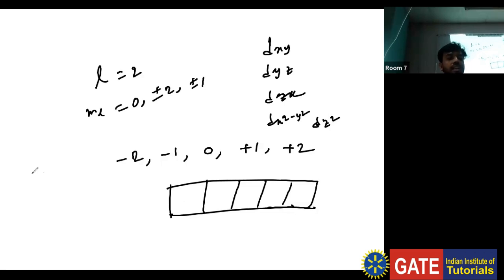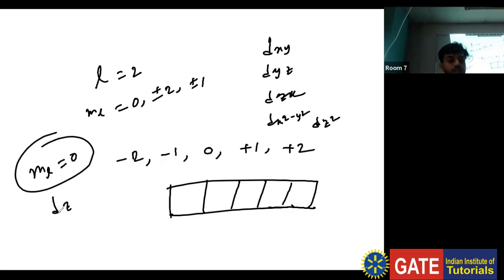Always remember, if ml is equal to 0, that denotes dz square. Remember this. The question has come. But it doesn't mean that minus 2 is dxy and minus 1 is dyz.